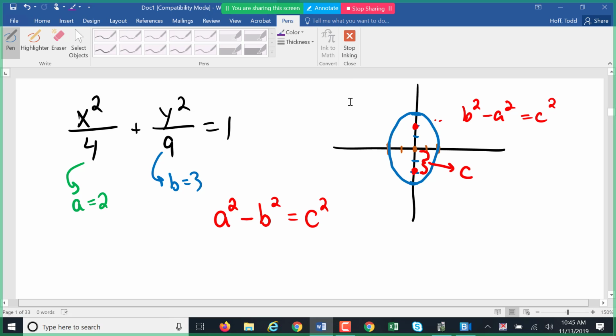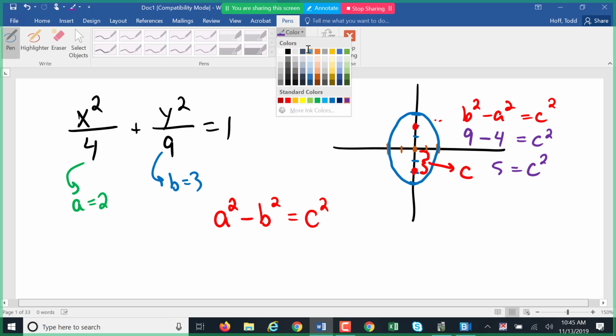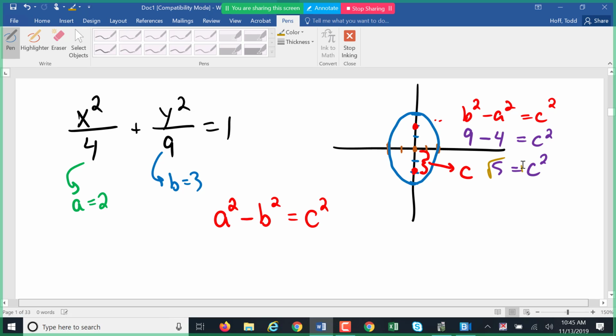So we showed that B squared was 9, minus A squared is 4. 9 minus 4 is 5. So C squared equals 5. By taking the square root, I get that C is the square root of 5. So the foci are at positive square root of 5 and negative square root of 5.